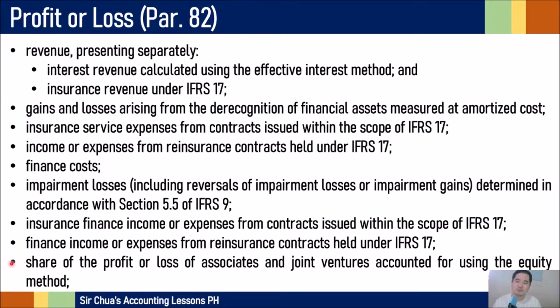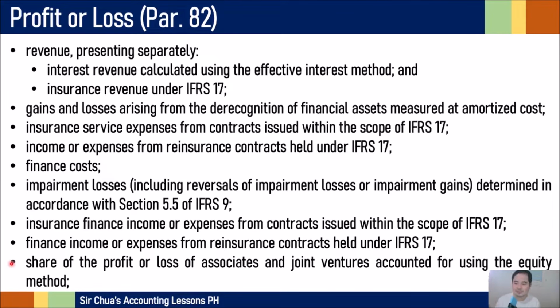So if you remember po, 'di ba, meron tayong tinatawag na investment in associate, at yun pong investment in associate, meron po tayo doon na share of net income from the associate, which is yun po yung entity na meron po tayong significant influence. And as you know, meron po tayong share of net income doon. So that increases actually the carrying value nung atin pong investment, no, sa balance sheet.